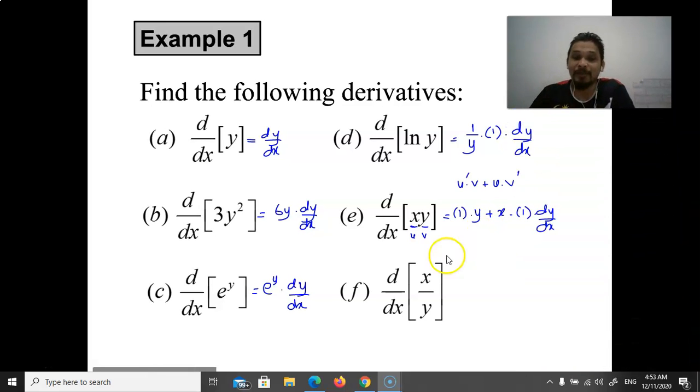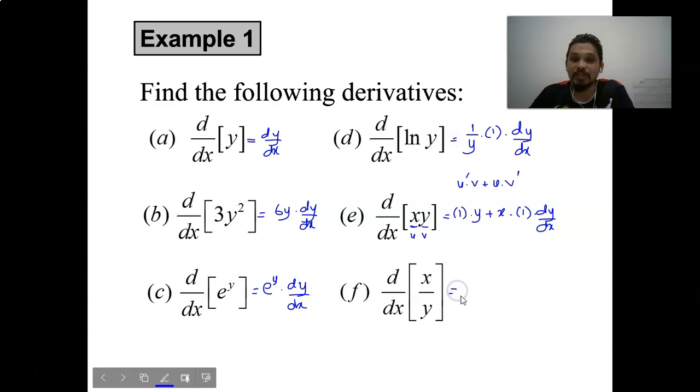Okay, now differentiate this. Derive x, it gives you 1. u prime v minus u v prime, divided by v squared. You still remember that? Okay, so x we consider as u and y as v. So u prime, differentiate x equal to 1, then y.